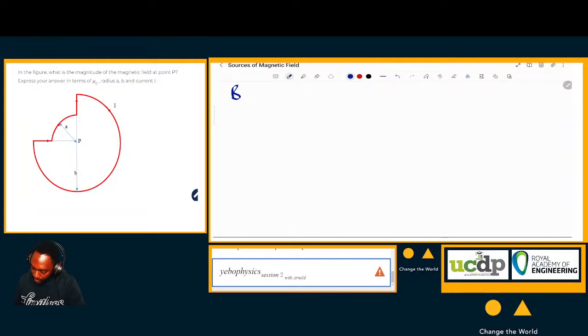So we can say dB of A is equal to mu naught I over 4 pi A squared, which is the radius, integral of dl, where L is the length of the curved section of the wire.